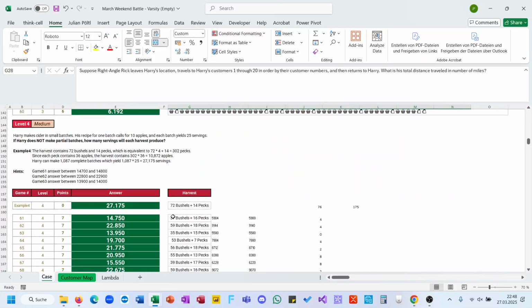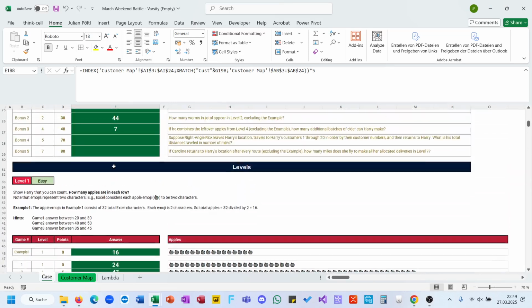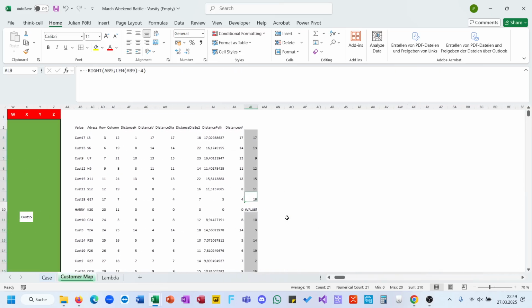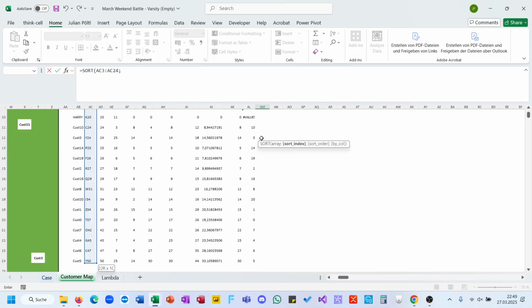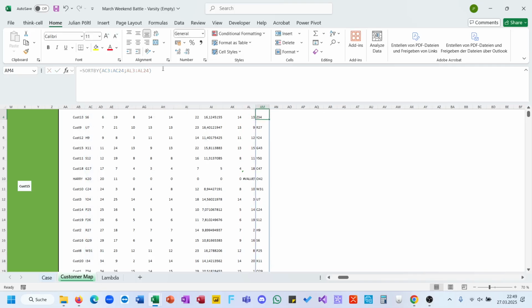The rig distance is 5 miles, and only vertical and horizontal. Harry, then first customer, then up to 20, and then okay. So sort the addresses by the customer number.